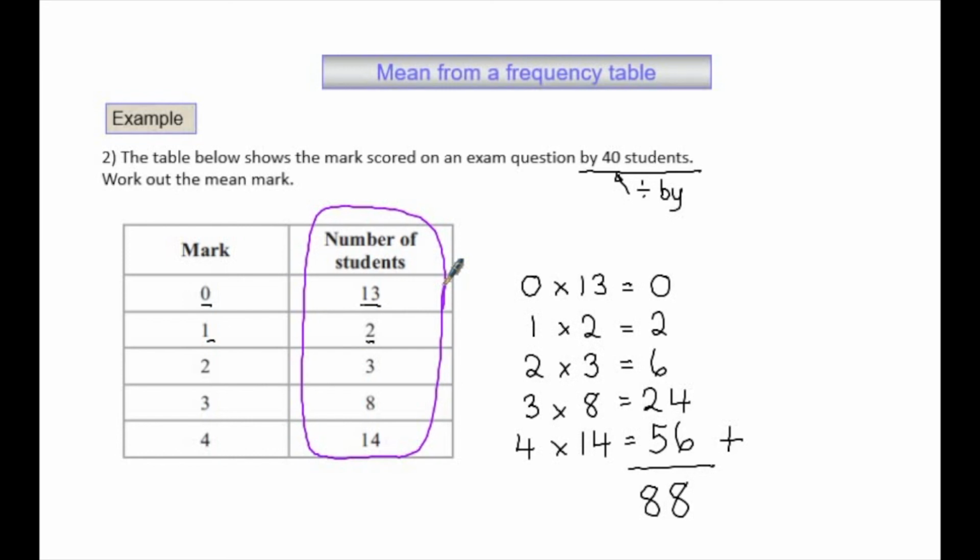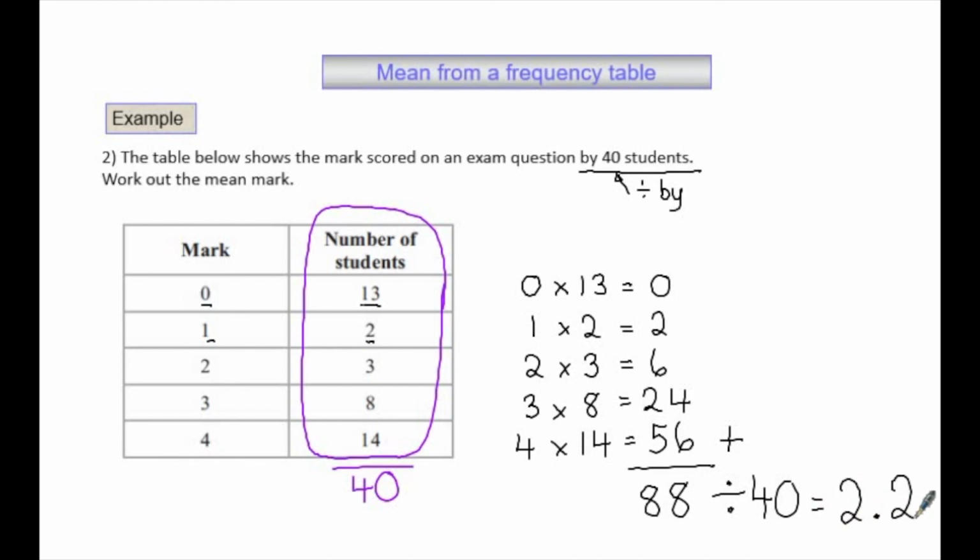So 13, 2, 3, 8 and 14 should come to 40. So to find your mean, you use that 88, you divide it by the 40, type it in your calculator, and your final answer should give you 2.2.